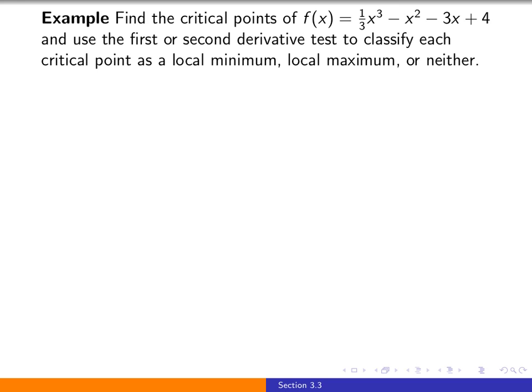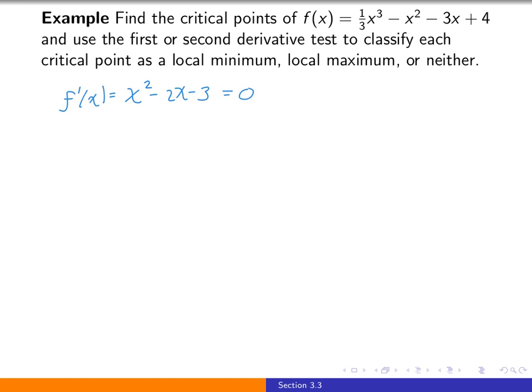So for the function given here, let's find the critical points and then use either the first or second derivative test to classify. For this first example, we'll actually go through and use both derivative tests to classify. The first thing we need to do is find the critical points. Differentiating our function, f prime of x is equal to x squared minus 2x minus 3.